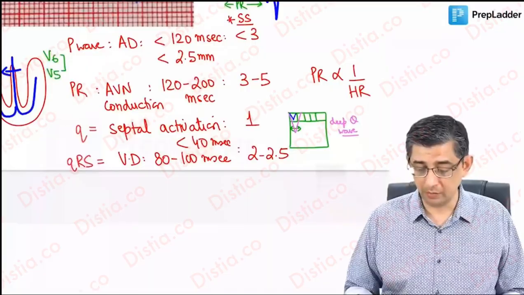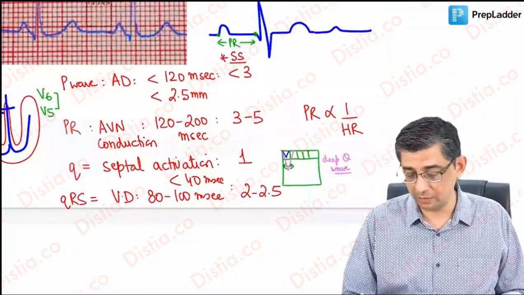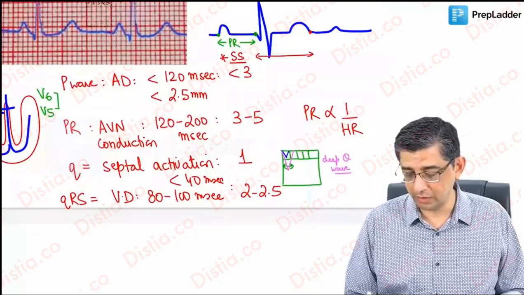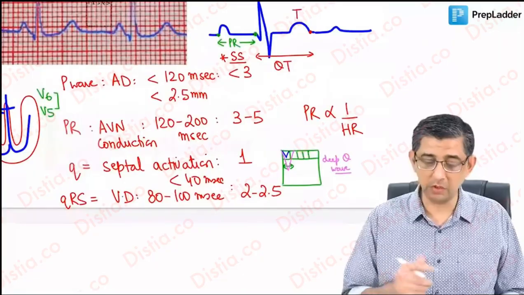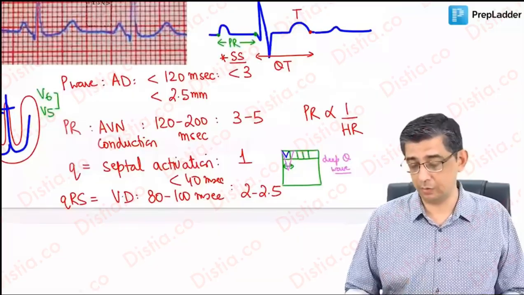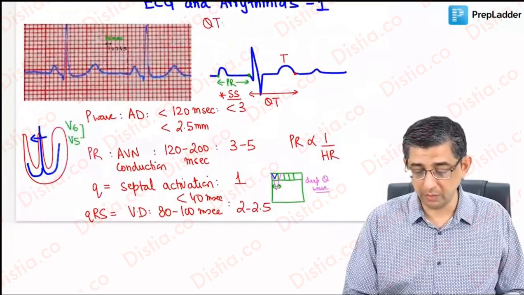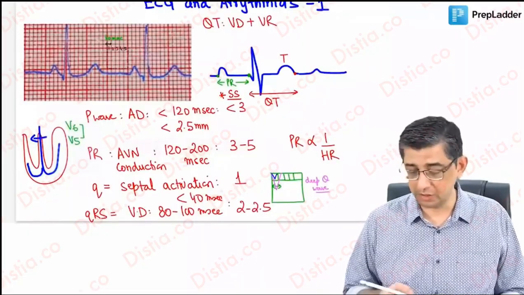Next on the agenda is the QT interval, which is mentioned lots of times in MCQs. QT will be from the start of the Q to the end of the T, and you can see that QT includes the T wave as well as the QRS complex. Remember that the QT interval is a combination of ventricular depolarization plus ventricular repolarization, because it includes the T wave.